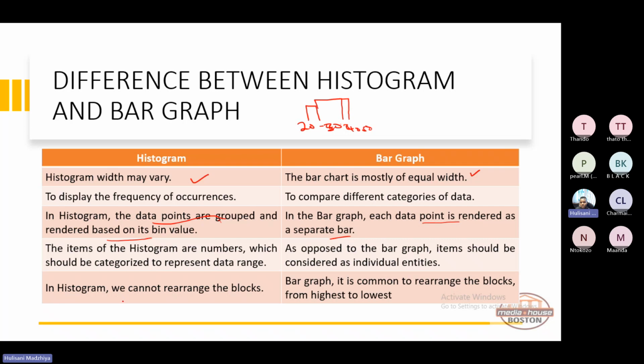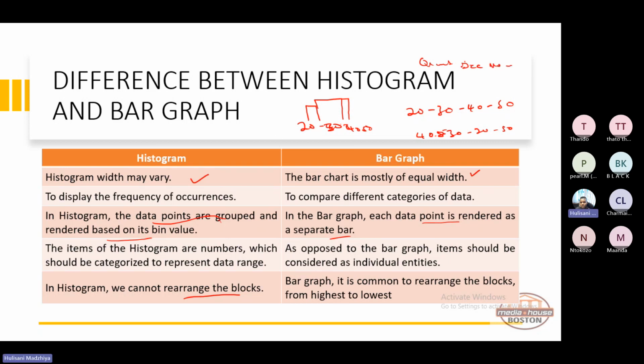And one last important thing is that we cannot rearrange the blocks. When you're working with ranges 20 to 30, 30 to 40, 40 to 50, you cannot rearrange this and say 40 to 30 and then 20 to 50. It cannot work on the histogram. Whereas on the bar graph, you can rearrange and say let's start with Q4, or let's start with December, November, and you can work around it.